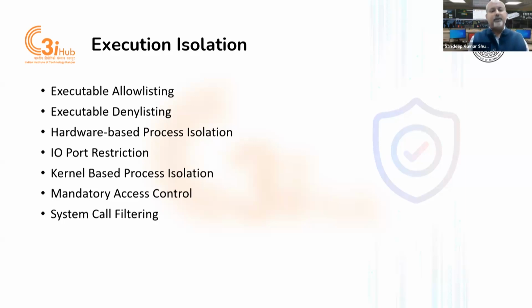Either it is given certain access rights, or it is mediated through system call interposition, or through mandatory access control. Only then are such accesses possible. This is what execution isolation is all about.